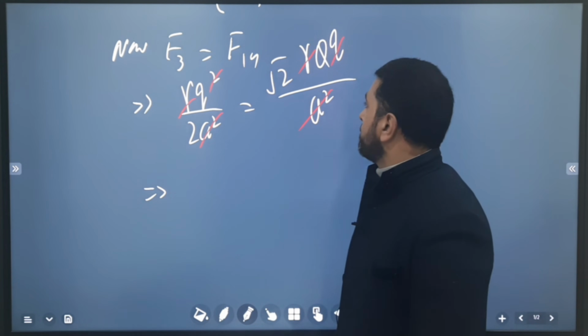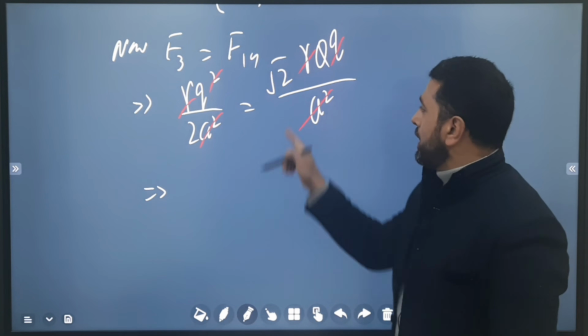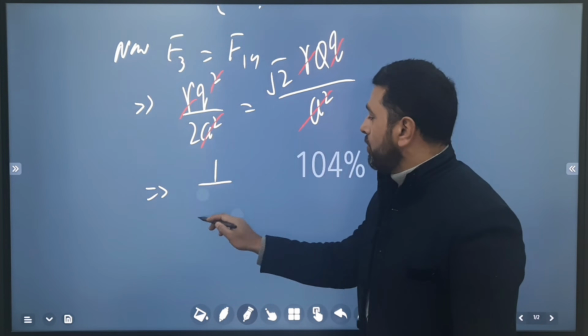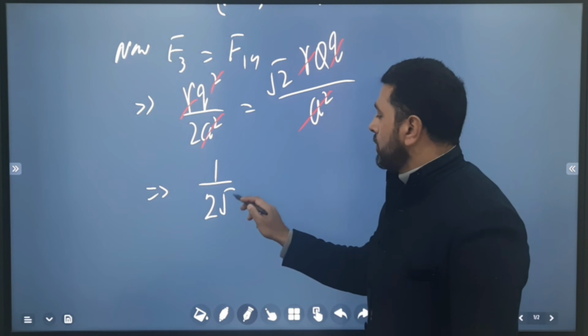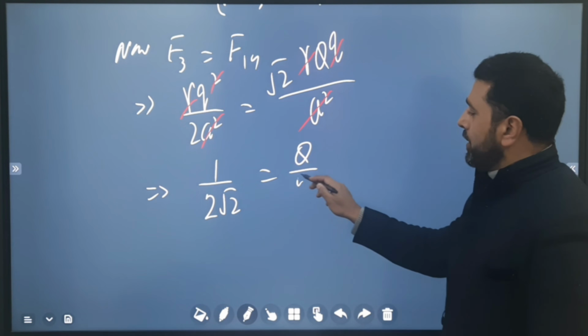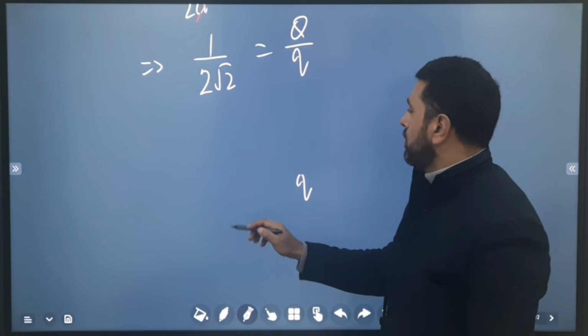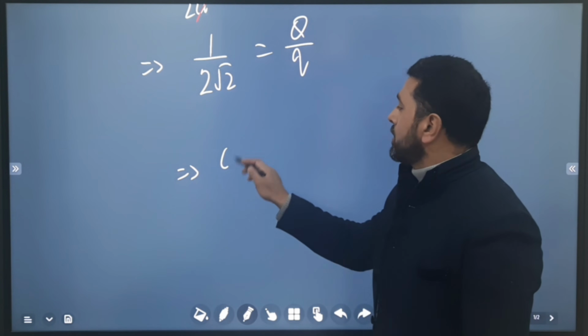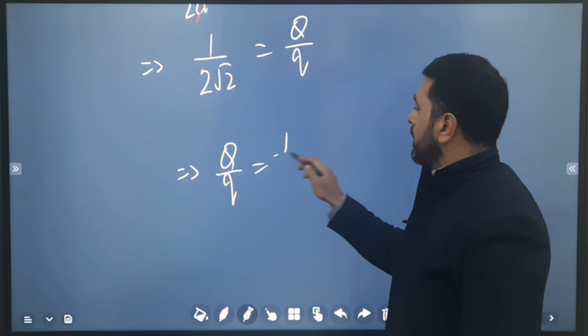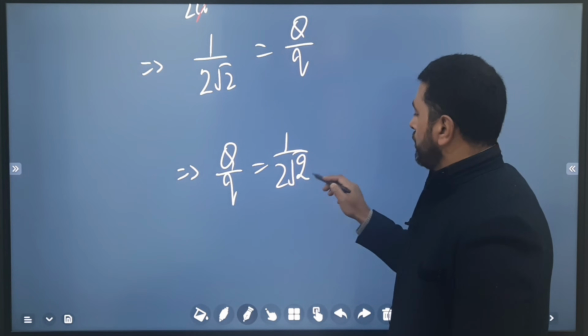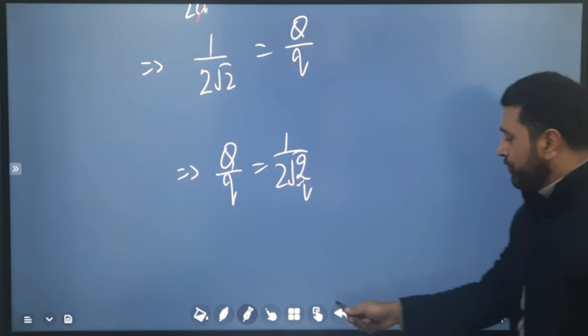So this implies small q to this side, root 2 to this side. This will become capital Q divided by small q is 1 divided by 2 root 2.